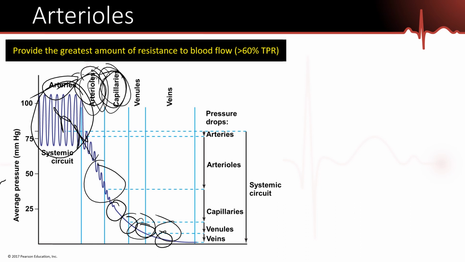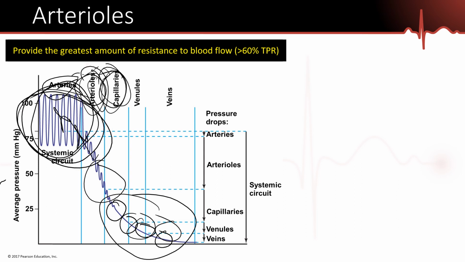So this resistance actually contributes to a reduction in pressure downstream within the venules and the veins, and an increase in pressure within the vessels upstream. Because that resistance, as the vessels are becoming more and more narrow, causes a backlog of blood to exist upstream, right? The blood kind of gets backlogged.